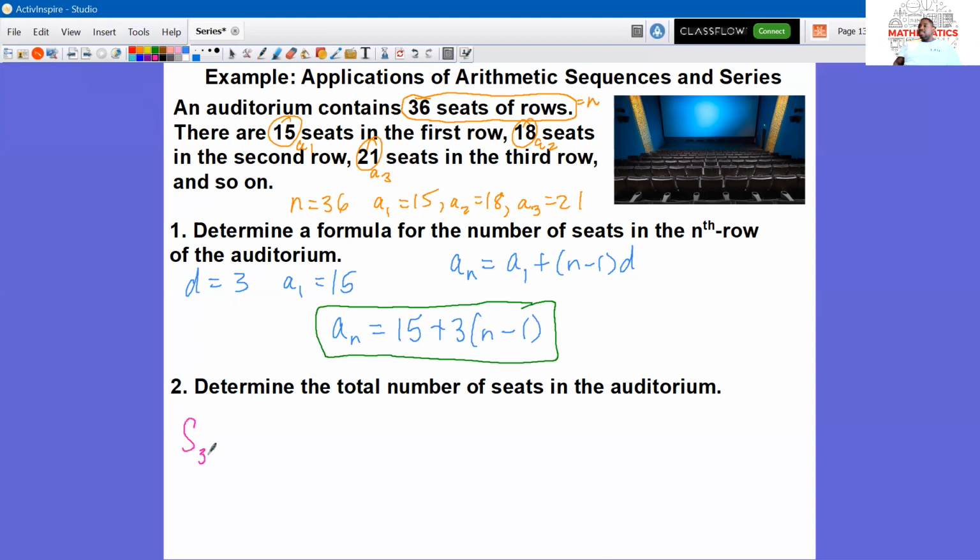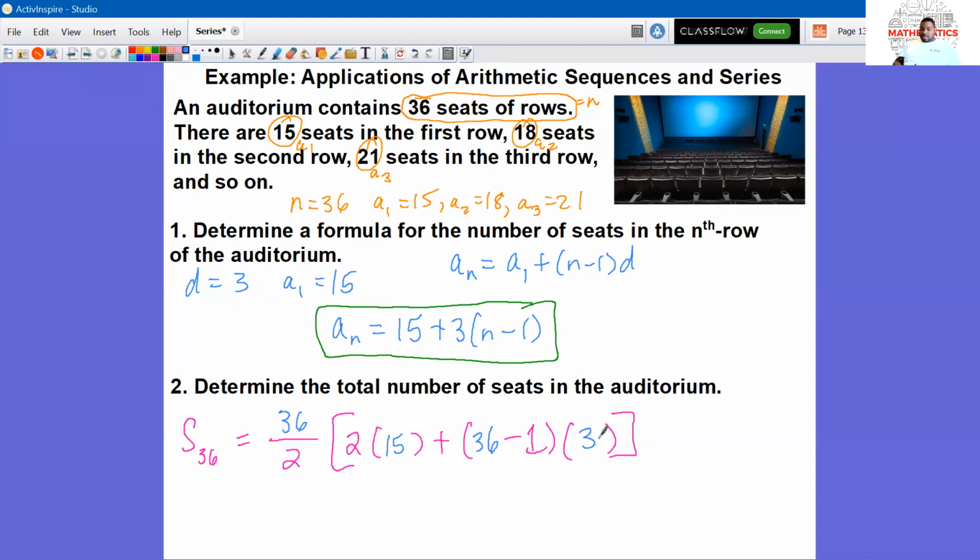So S36 equals 36 over 2 times 2 times A1, which is 15, plus n minus 1, which is 36 minus 1, times the common difference, which is 3.